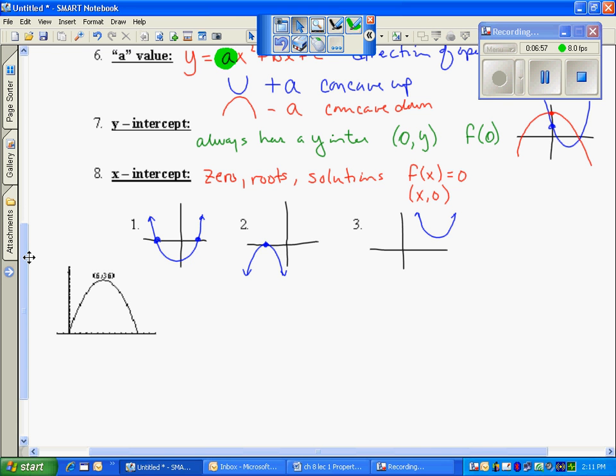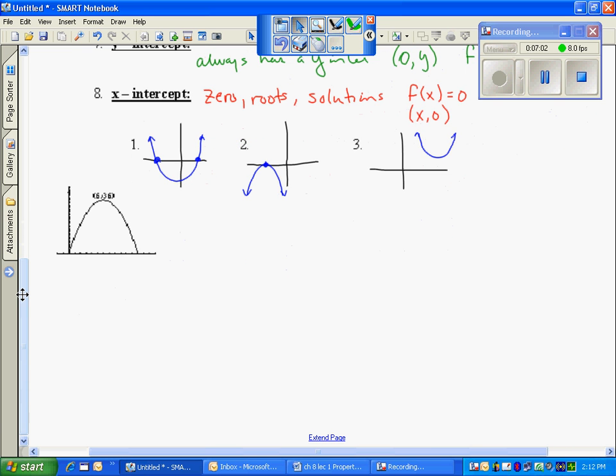Why might we be looking at parabolas or quadratics? Several things in the real world follow this shape, and one common one is what we call a projectile. I shoot something up, it peaks due to gravity, gravity turns it around. And if we look at this, this is my vertex, so I can see if this is time in seconds and this is feet.